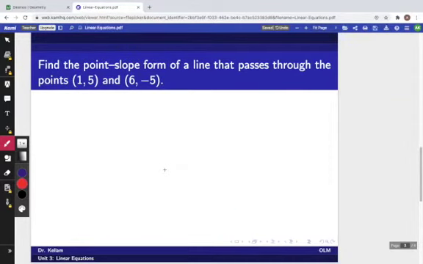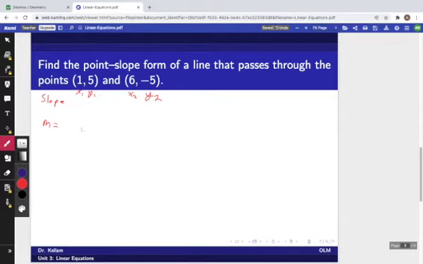Let's say we want to find the point-slope form of the line that passes through those 2 points. First we need to know what the slope is. So, if I'm going to find the slope, I will use the formula this time. And if it helps you, please list the points as x1, y1, x2, y2, just so you have the information.